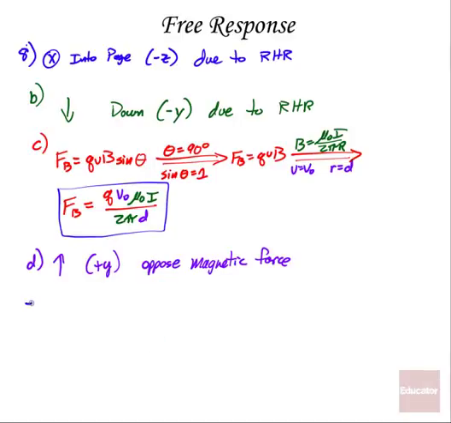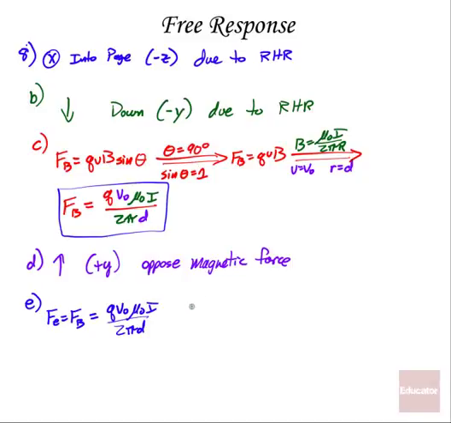And part E. Find the magnitude of the electric field now. Remember, the electric force must balance or match the magnetic force in terms of magnitude. So that's going to be, in magnitude, Q V naught mu naught I over 2 pi D. But we don't want the electric force, we want the electric field.